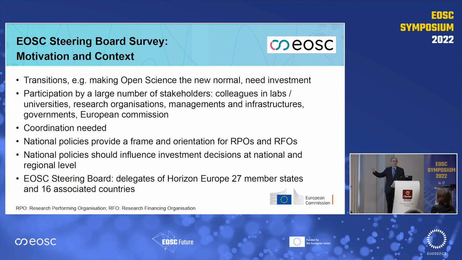Ideally the RPOs and RFOs should pick up this type of policy and have a similar one adapted to their needs on the institutional level. The great advantage is that in the Steering Board we have a lot of countries, not only European countries, but even beyond, and this is a great way of collecting information and sharing intelligence.